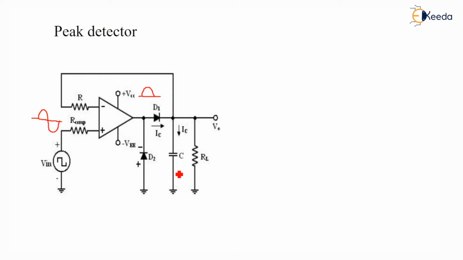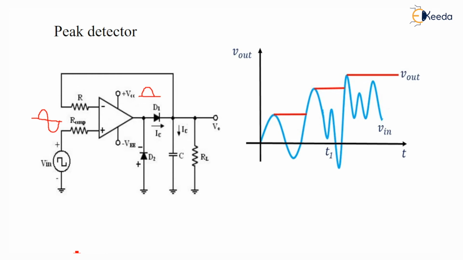This operation is divided into two parts: one is track mode and another one is hold mode. This is a non-sinusoidal input voltage, and in this we have to find out the peak of this input signal.